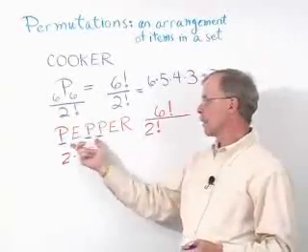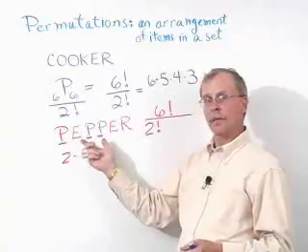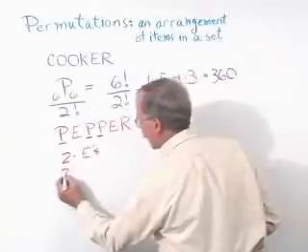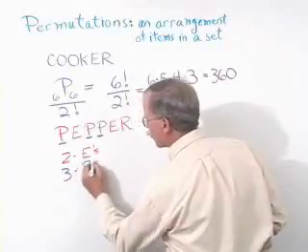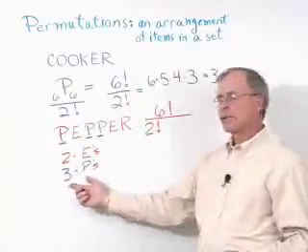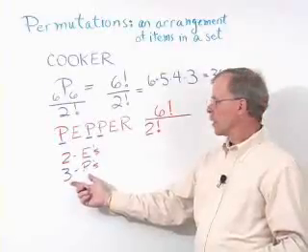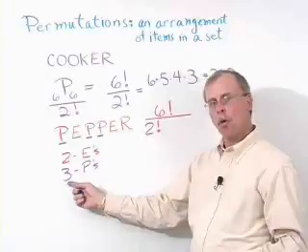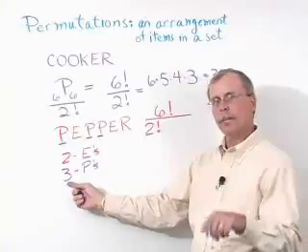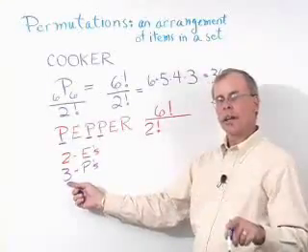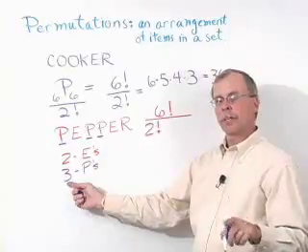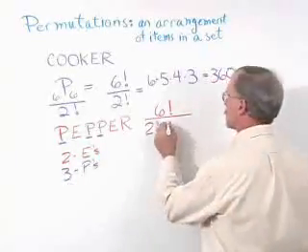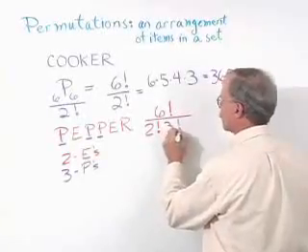Well, it turns out to be 3 things taken 3 at a time is 3 factorial. So if we have 3 P's, that means we can't tell the difference in any one of them, and 3 factorial is the number of ways the P's can be arranged, and that comes out to be 3 times 2, or 6. But that's 3 factorial.